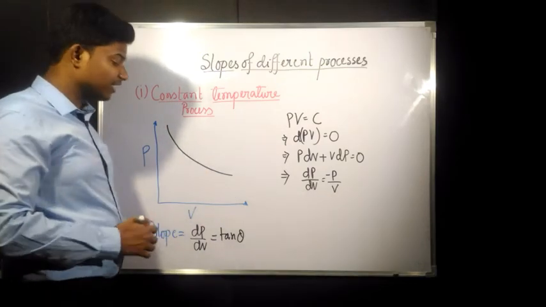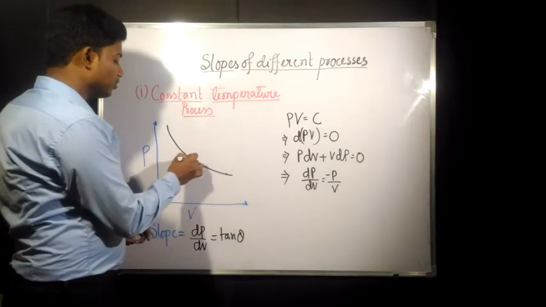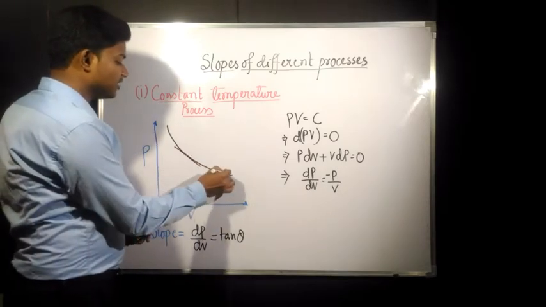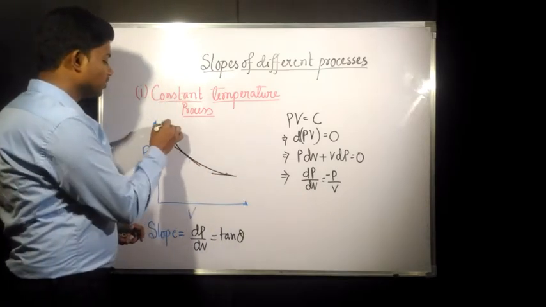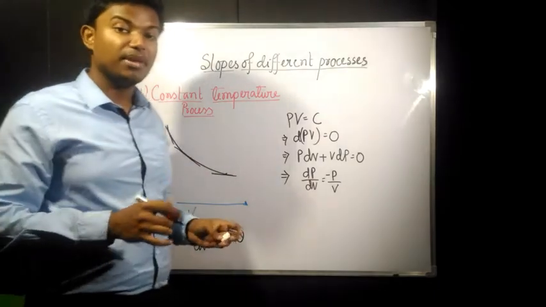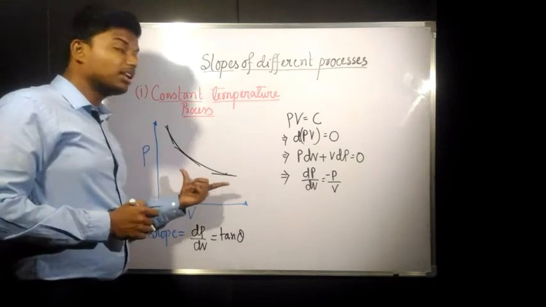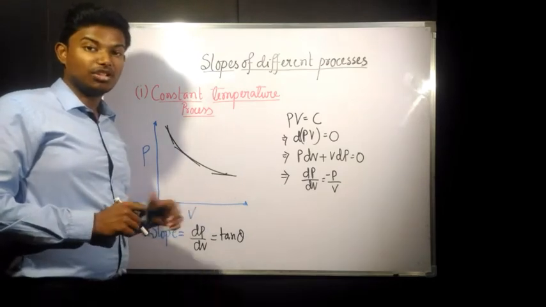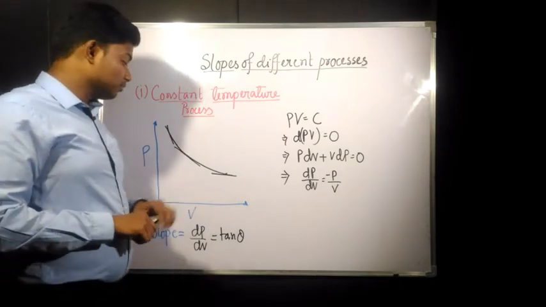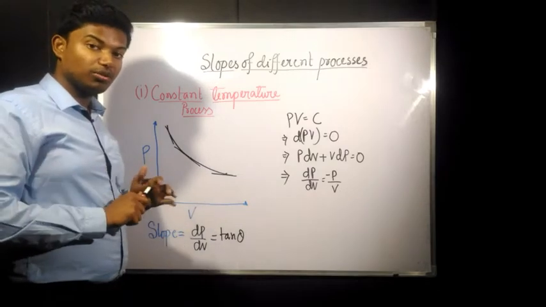How can we measure the angle? If you take different points, the tangents at different points are going to be different. So each point's tangent gives a different measure of angle. In a particular manner we cannot find a single slope in the isothermal process. The slope in the isothermal process is not going to be constant.